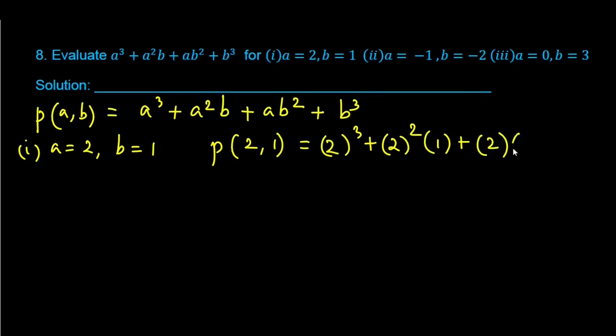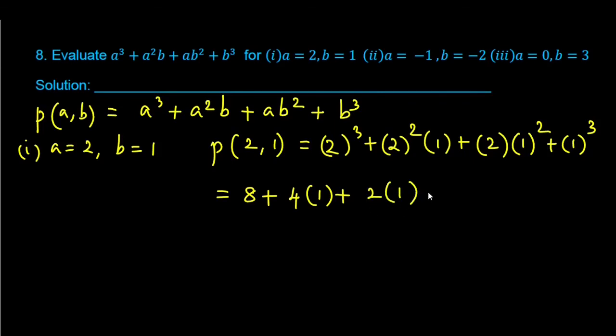So 2 into 1 square plus 1 cubed. This is 8 plus 4 into 1 plus 2 into 1 plus 1. So this is 8 plus 4 plus 2 plus 1. So this is 15.